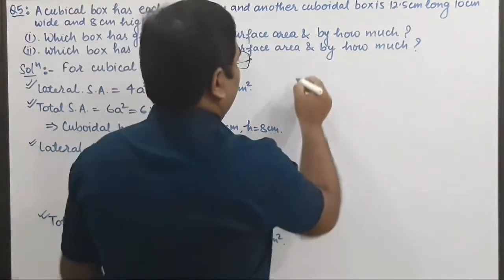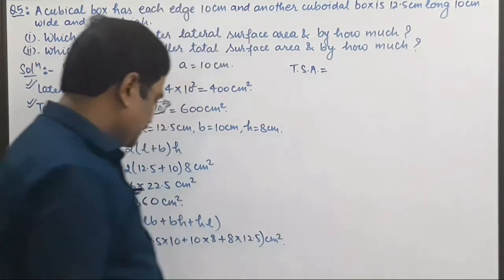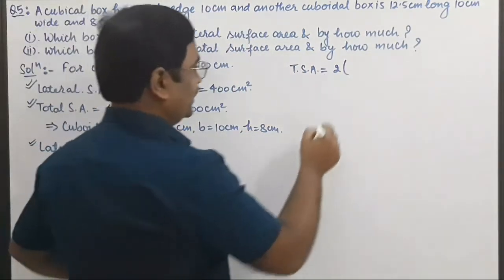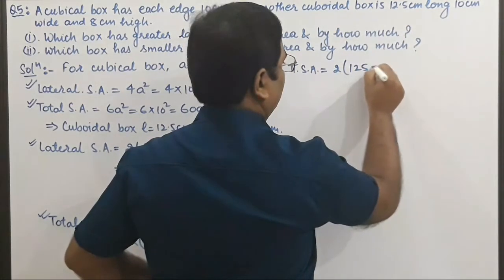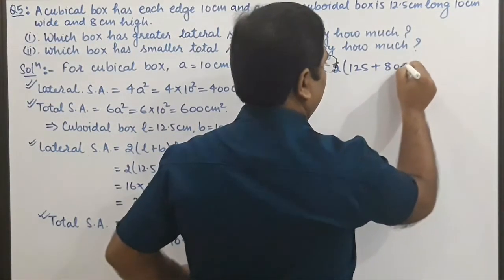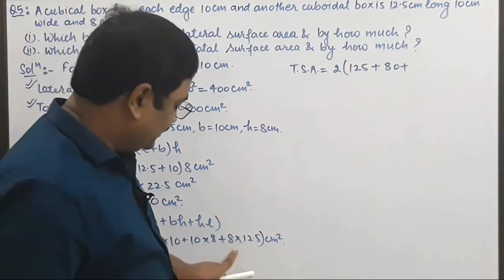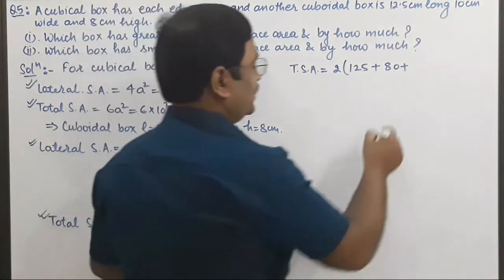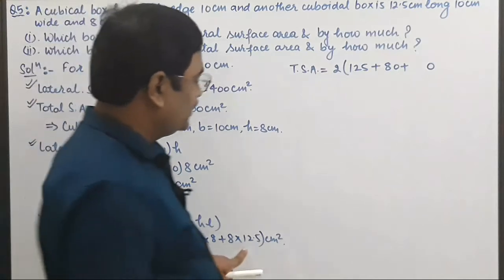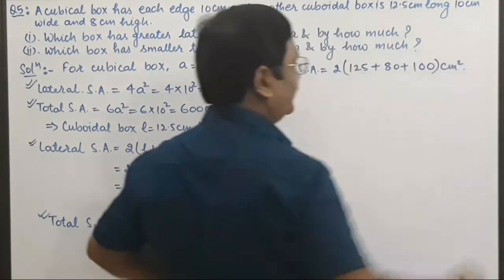We will get total surface area of cuboid is equals to 2 multiplied by 12.5 into 10, that is 125, plus 10 into 8, 8 tens are 80, plus 12.5 into 8, 8 fives are 40, 8 twos are 16 plus 4 is 20, 8 ones are 8 plus 2 is 10, means 100 centimeter square, right?